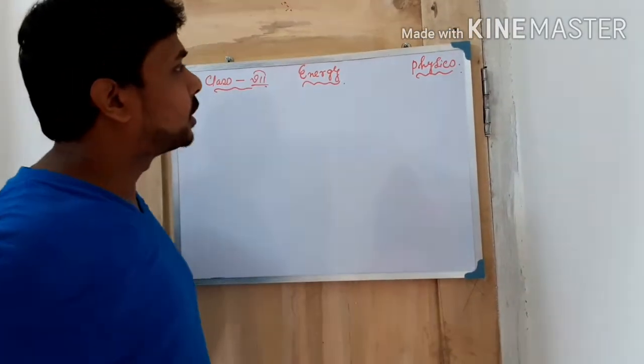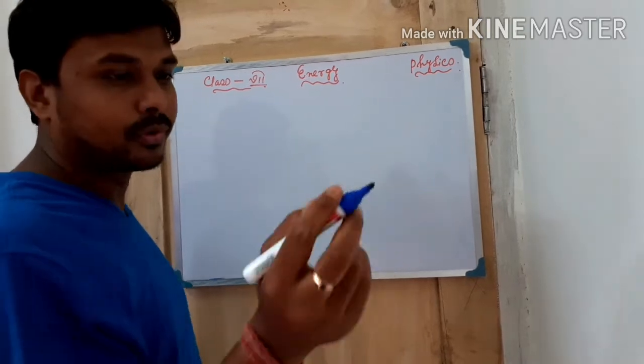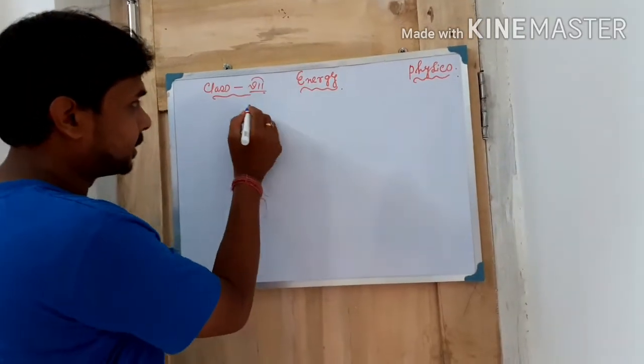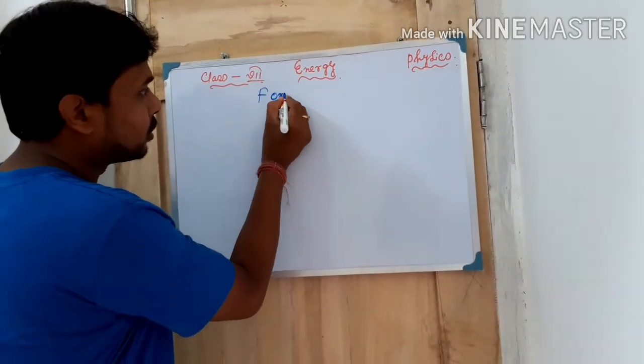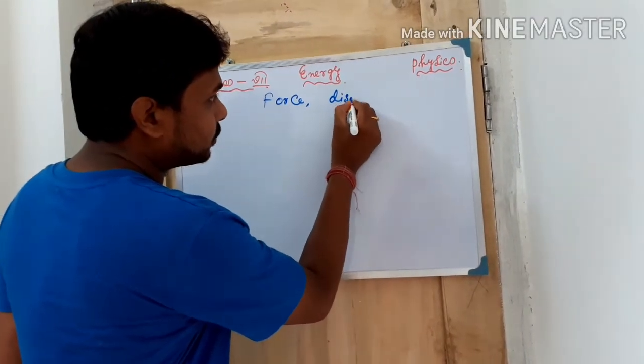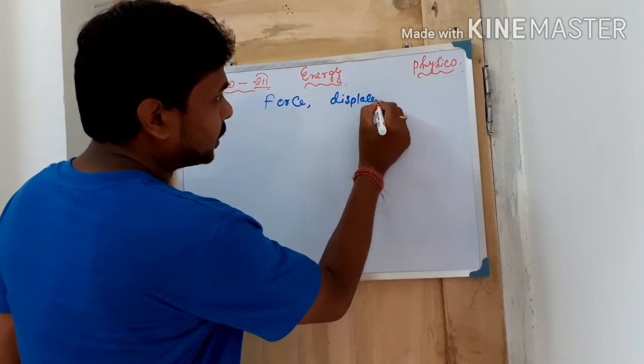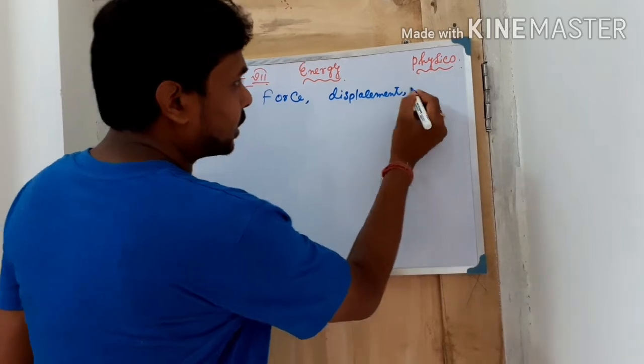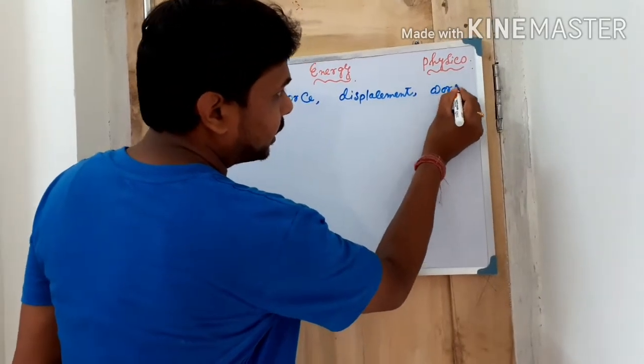Before knowing energy, we have to know three things. First of all, force. Second, displacement. And third is work, or work done, the same thing.